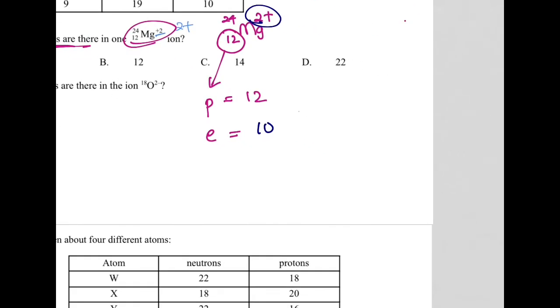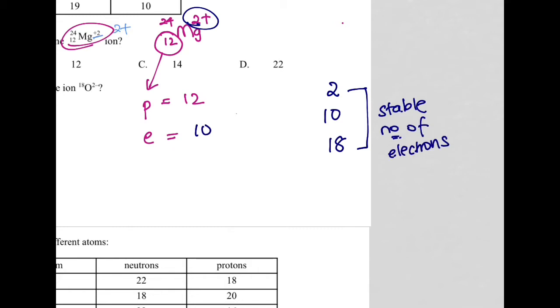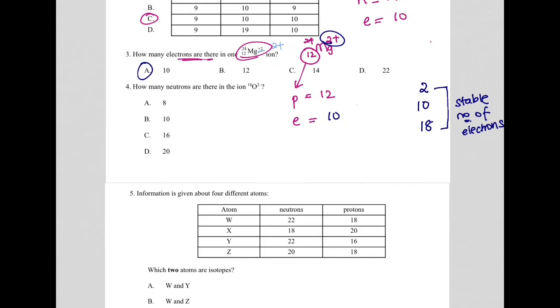Plus, you need to remember that the electronic configurations where you have 2 electrons, 10 electrons, 18 electrons, these are the stable electronic configurations. Stable number of electrons, actually. And this is because the outermost shell will be completely filled with these numbers of electrons.